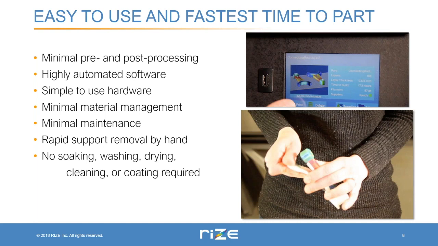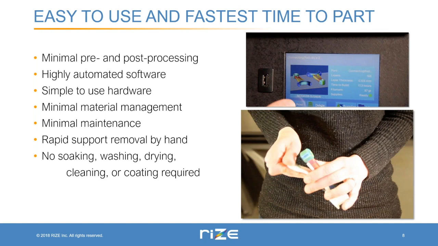Because of our release ink technology that makes it easy to remove supports and complete the post-processing of parts, it really reduces the amount of time it takes to get a part from off the printer into its functional form to be actually used on the floor.